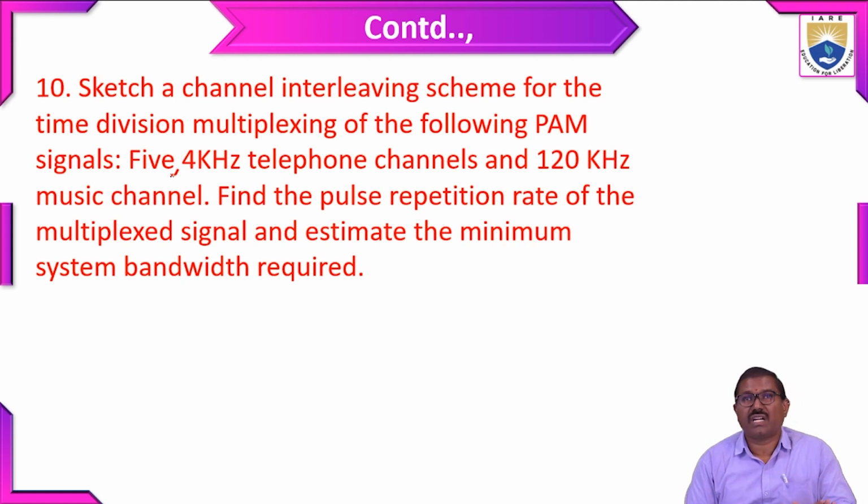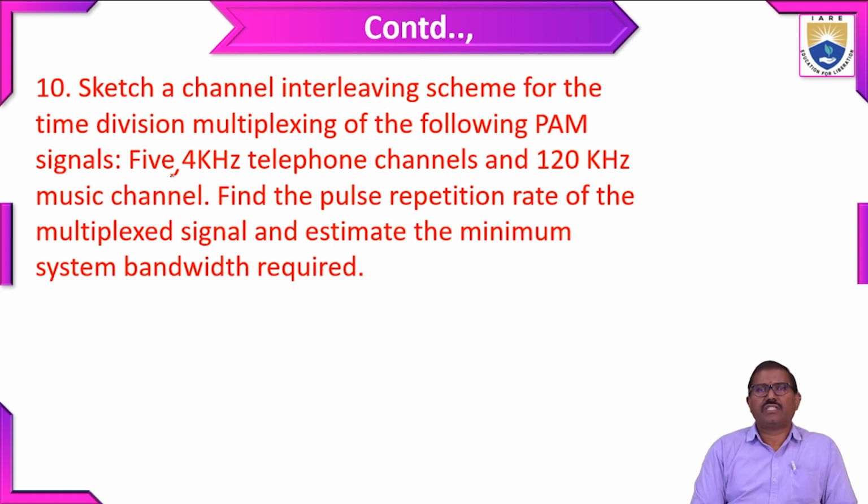That means here 6 channels. One is 5 telephone channels and one is 1 music channel. So these 6 channels are going to be multiplexed using TDM. Find the pulse separation rate of the multiplexed signal and estimate the minimum system bandwidth required.